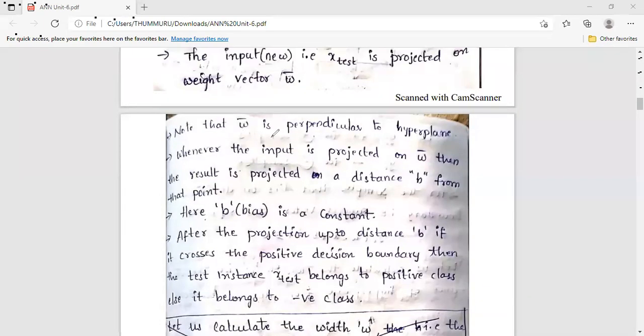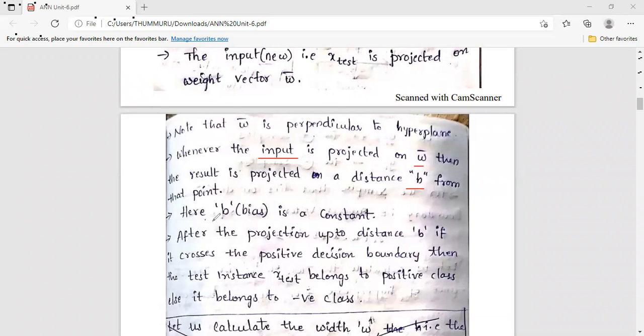So W bar is perpendicular to the hyperplane. Whenever the given input is projected on W bar, then the result is projected a distance B from that point.